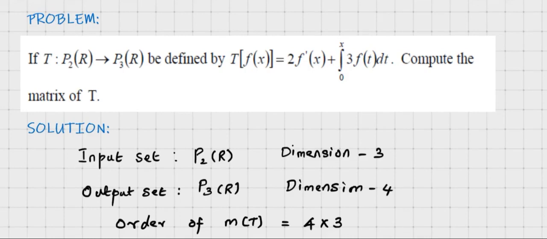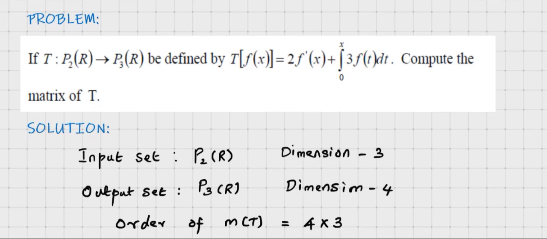The given problem is, T is a linear transformation from P2 of R to P3 of R. First, what is P2 of R? P2 of R is the set of all polynomials having degree at most 2. At most 2 means the maximum degree will be 2.